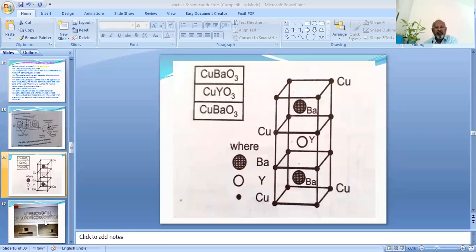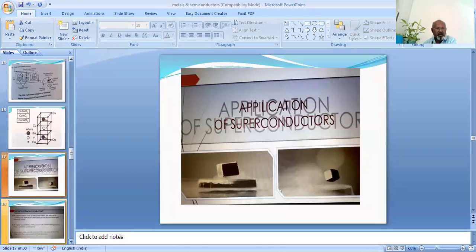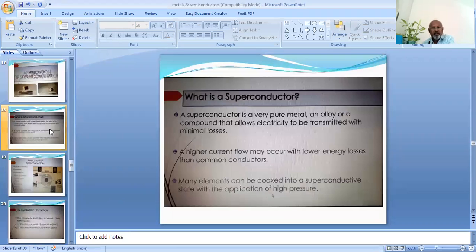So if we see the applications of ceramic superconductors, yesterday we saw that a superconductor is a very pure metal, an alloy or a compound that allows electricity to be transmitted with minimal losses.